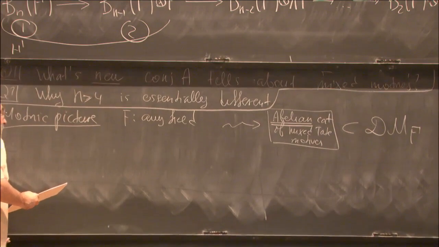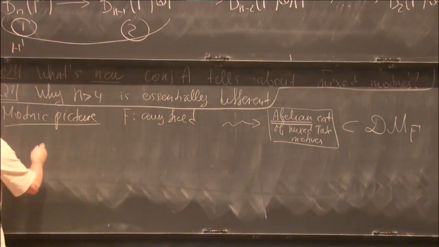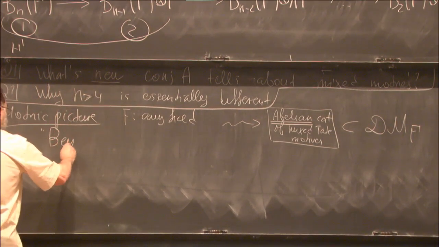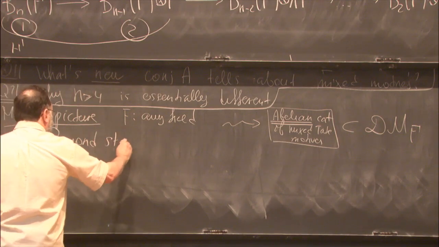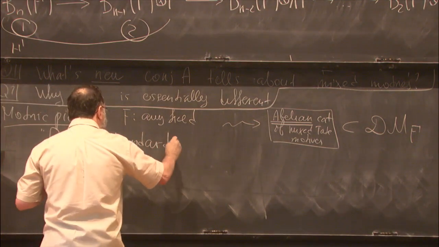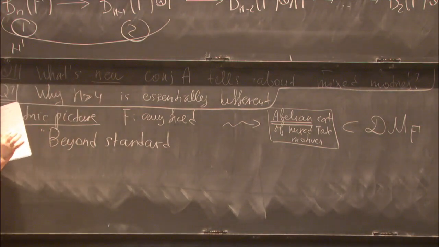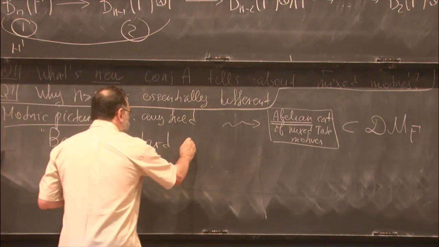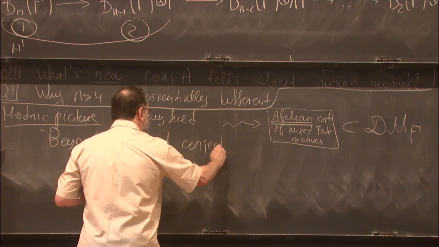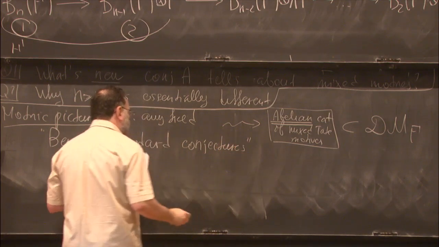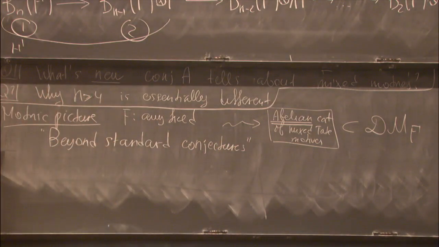Now, this implies what I said is beyond standard conjectures. By standard, I mean there are a number of conjectures in this field which we very much believe and which we don't think will break, which go back to Beilinson and Grothendieck. So now let's see what we have extra.